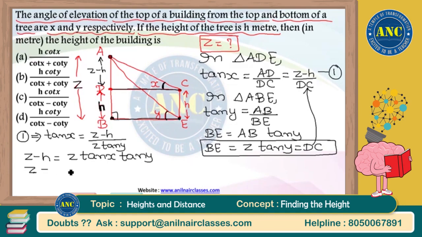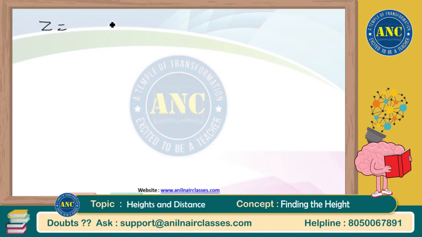So Z minus Z tan x tan Y is equal to H. This is again Z into 1 minus tan x tan Y, which is nothing but H. So finally Z value is nothing but H divided by 1 minus tan x tan Y, right?